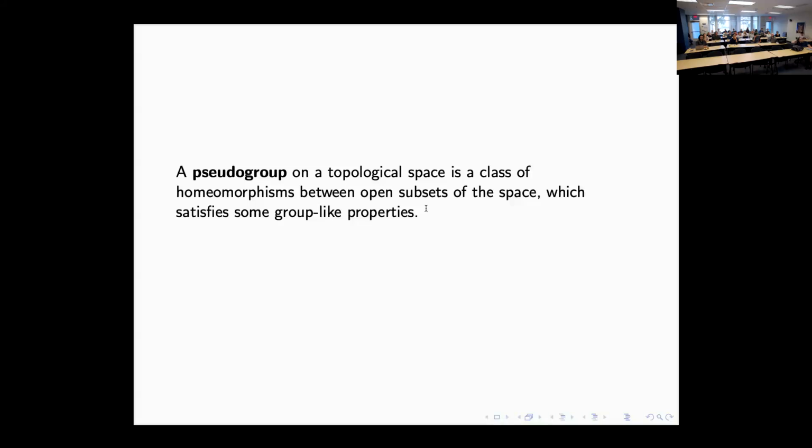In particular, for every open set, the identity homeomorphism from that open set to itself is in your pseudogroup. If some homeomorphism is in your pseudogroup, its inverse homeomorphism is also in the pseudogroup. If you have two maps in the pseudogroup that are composable, then their composition is in the pseudogroup. Group-like properties, the stuff that you would expect.